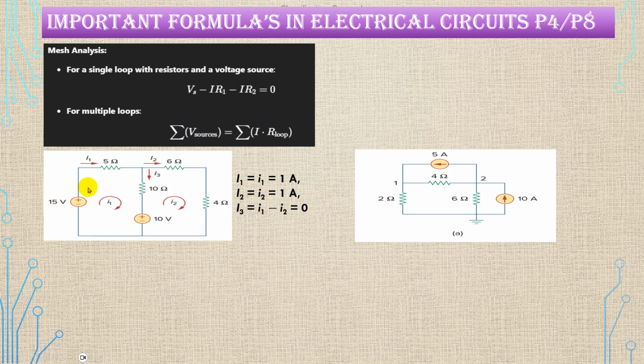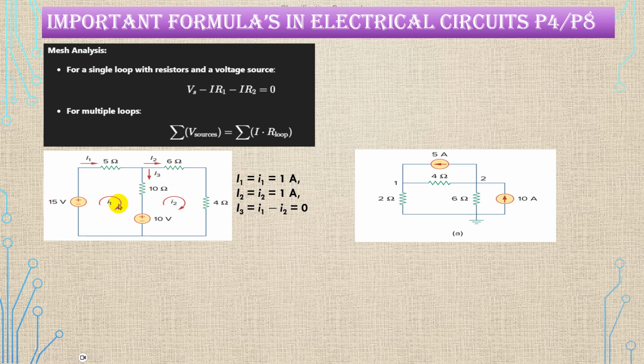So we can form equation 1 and equation 2 here. Then we can do the analysis by using the elimination technique, or you can use Cramer's rule, the matrix method. Then you can find I1 and I2, two equations, two unknowns, and we can get the currents.